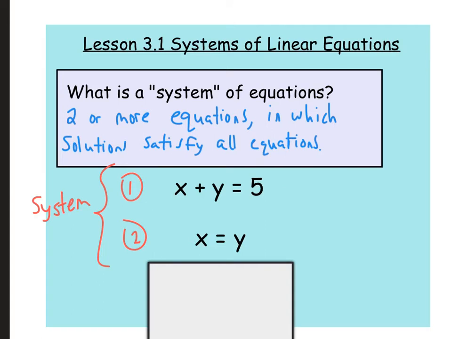If x plus y equals 5 and x has to equal y, some of you can probably tell x and y must both equal 2.5, because those are the only numbers that add up to 5 where the x value equals the y value. And if you were to graph those, that would be the coordinates of the intersection. It'd be 2.5, 2.5.